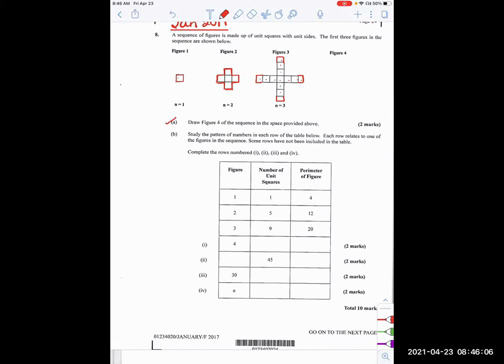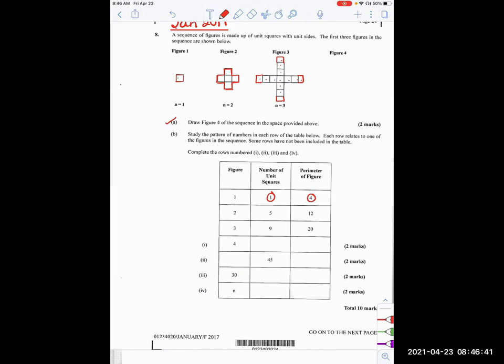Study the pattern of numbers in each row of the table below. Each row relates to one of the figures in the sequence. Some rows have not been included in the table. Complete the rows. For figure 1, we have 1 unit square, and the perimeter is 4.